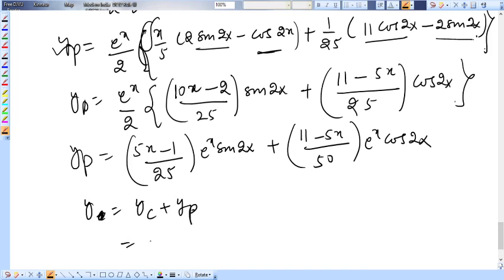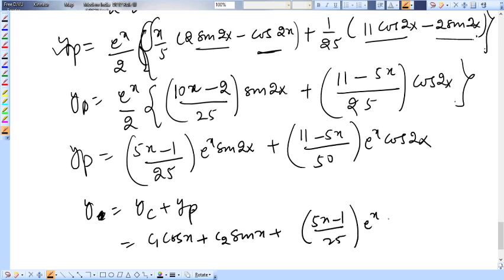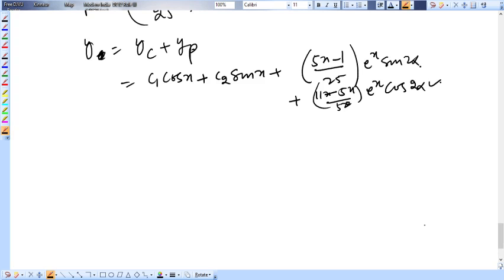So the complementary solution was c1 cos x plus c2 sin x, and the particular solution is 5x minus 1 divided by 25 exponential sin 2x plus 11 minus 5x divided by 50 into exponential cos 2x. So this is the required solution of the given differential equation, right?